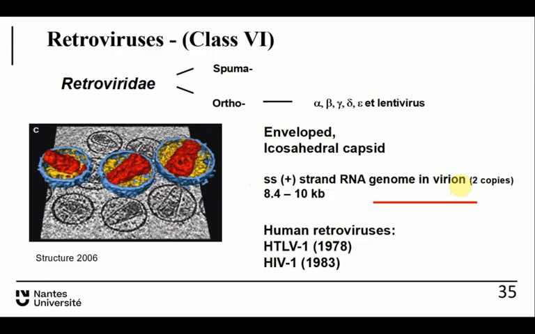So if one cell gets infected with 2 different strains of HIV-1, for example, then inside the capsid you can have one genome copy from strain A and another genome copy from strain B. And during reverse transcription, they can recombine, in fact.